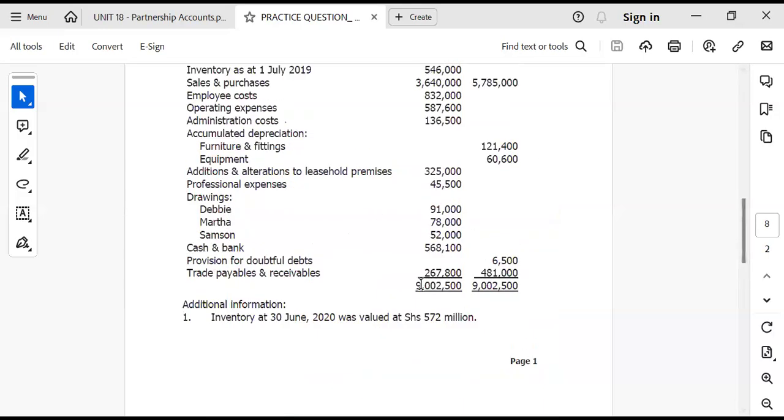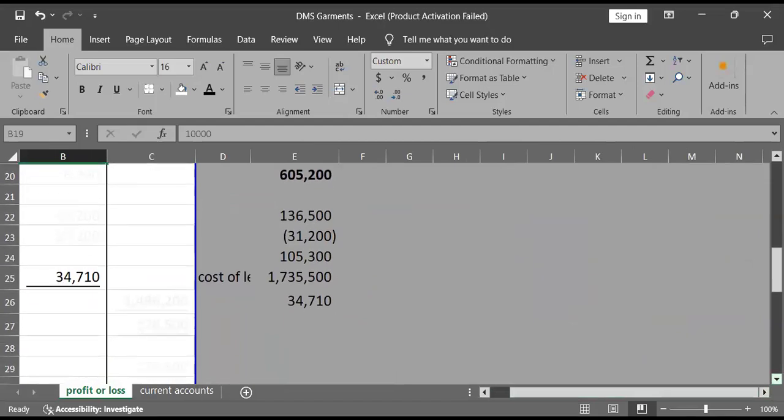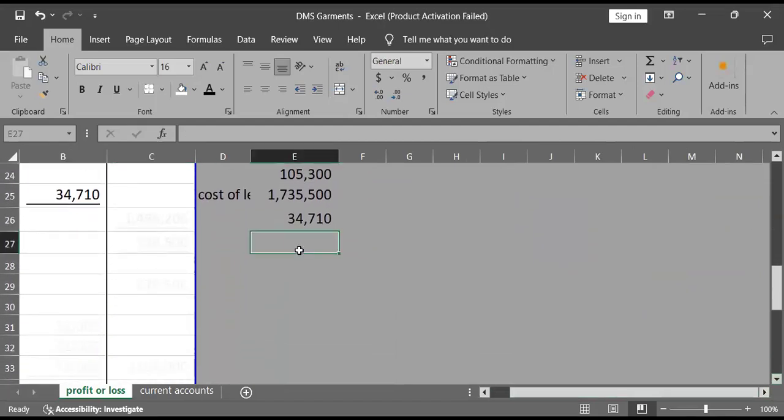So these are our receivables that we have in our TB, 267,800. I've shown that they've told us that we have written off 10,000. There is 10,000 that we didn't know if this person was going to pay us anymore, so we decided to write it off.